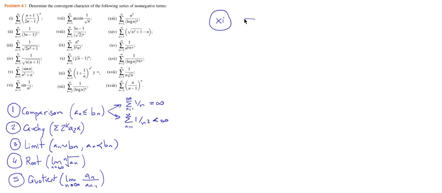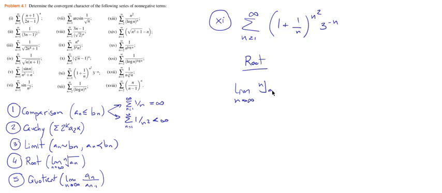Okay, let's go to 11. The sum from n equals 1 to infinity of 1 plus 1 over n to the n squared times 3 to the minus n. Again, the first thing I would do is to use the root test. The limit of the nth root of a sub n is the limit when n goes to infinity.